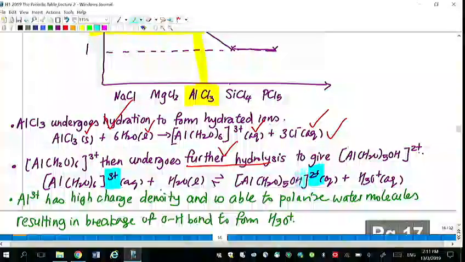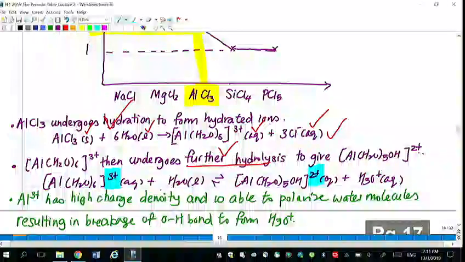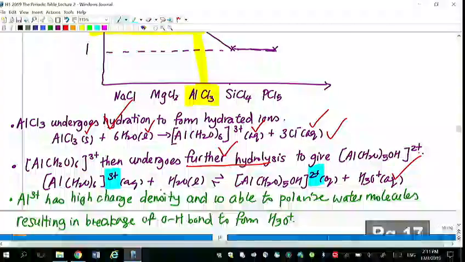Because once one of the H+ is donated away as a proton, what is left behind is the OH-. So the overall charge will decrease from plus 3 to plus 2. So this will form the second mark. I check the equation, whether all the state symbols are included, and whether there's a decrease in the charge, represented by a reversible arrow.